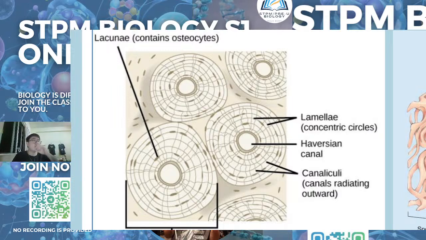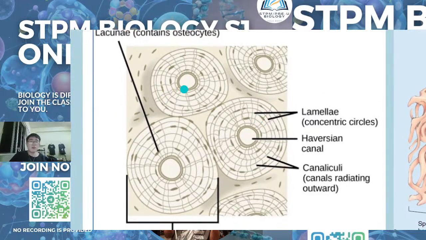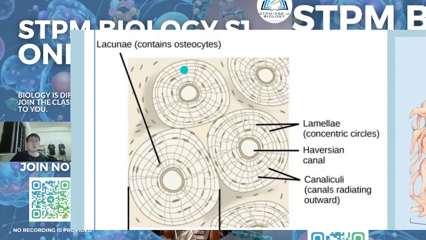If you eat lembu kaki atau kambing kaki, you will see the process they cut the bone, you will see this structure. Not only human, all mammals that have spongy bone also contain this structure.